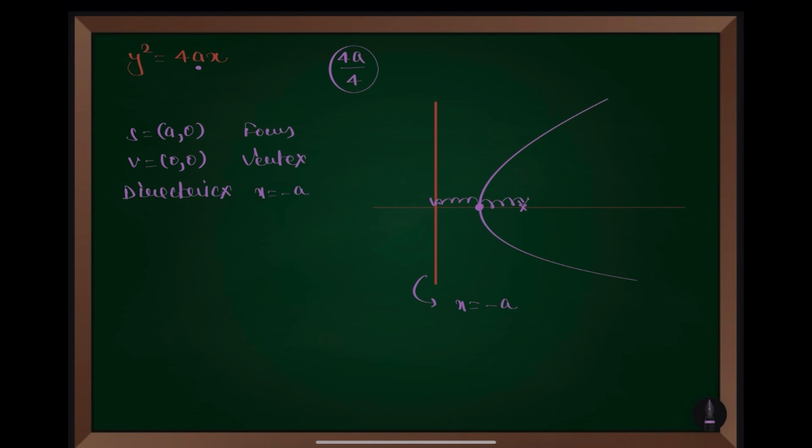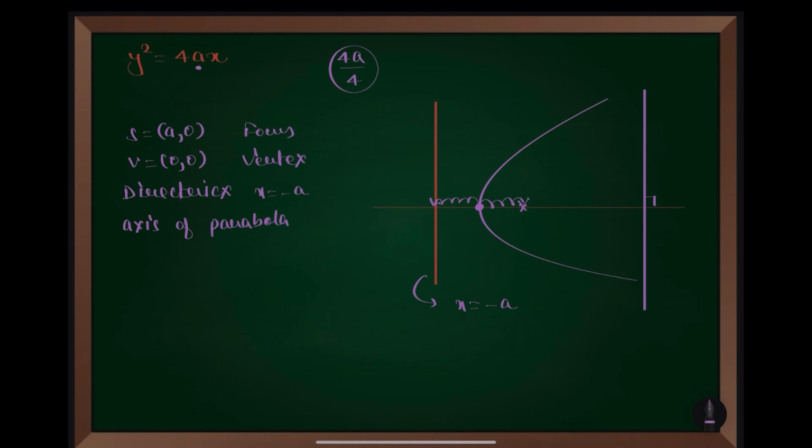Now do you remember that we have some chord which is perpendicular to axis of parabola? Okay, let's go with axis of parabola first. Axis of parabola. You know that axis of parabola is a line from which the parabola is symmetric.